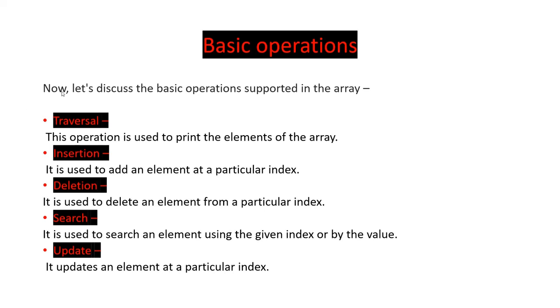The deletion operation is used to delete, that is remove, an element from a particular index in an array. The search operation is used to search for an element using the given index or by the value in an array. And the last one is the update operation, which is used to update an element at a particular index of an array.